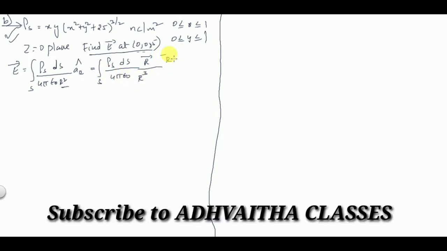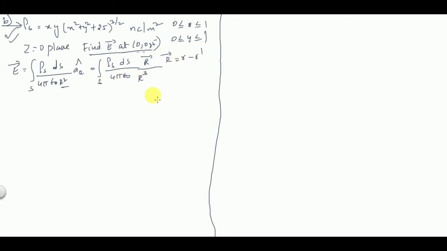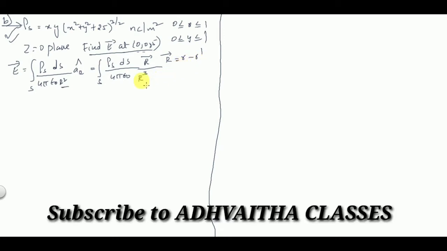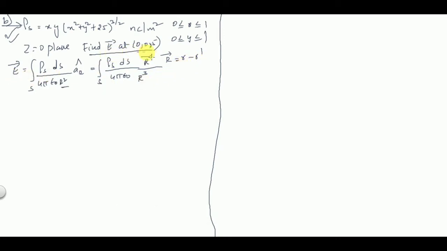So what is r bar? R bar is equal to r minus r dash. So r is the point of interest where you are going to find the electric field intensity. Here we are going to find at 0, 0, 5, so it is 0, 0, 5 minus r dash. R dash is the point where this sheet of charge is extended.